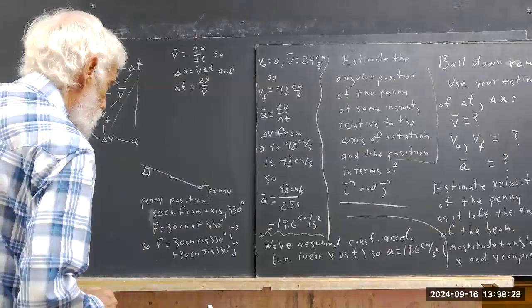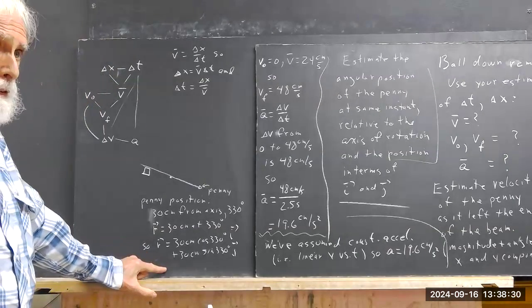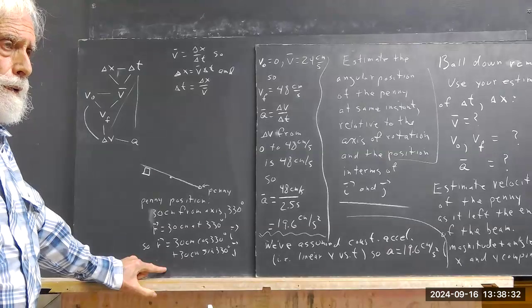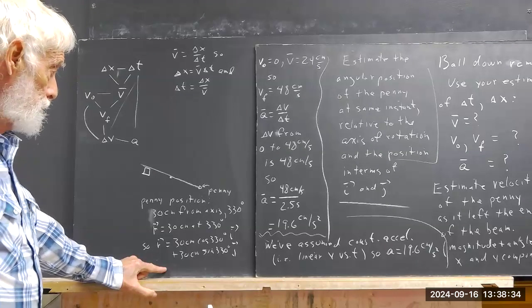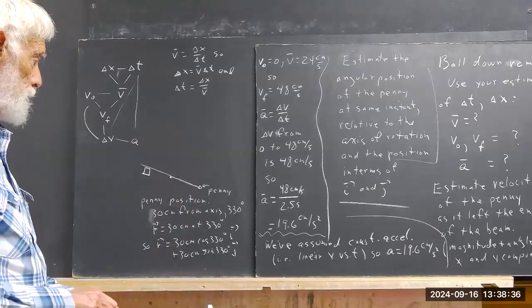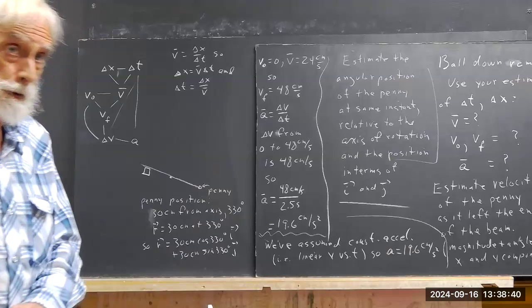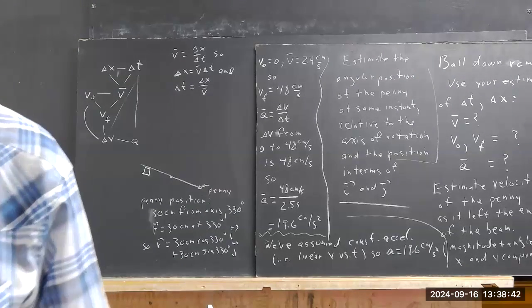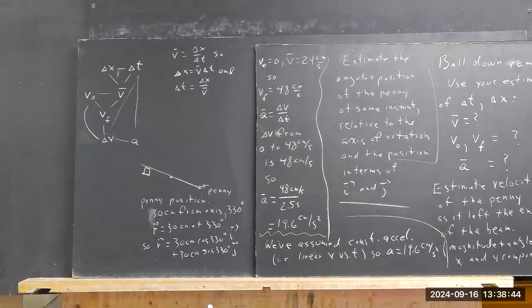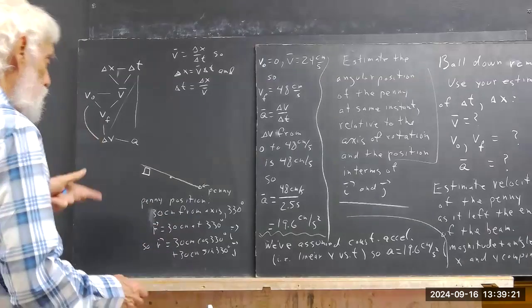Now, if that's the case, without doing I and J vectors or anything, what's the direction of the penny's motion when it comes off here? How do you determine what the direction of the penny's motion would be at this instant? And I'm sure you could have given me that.